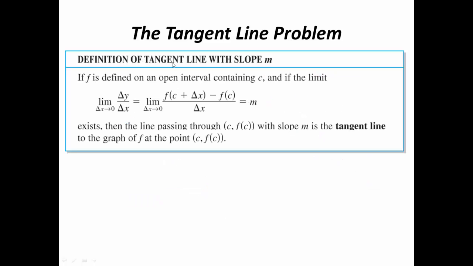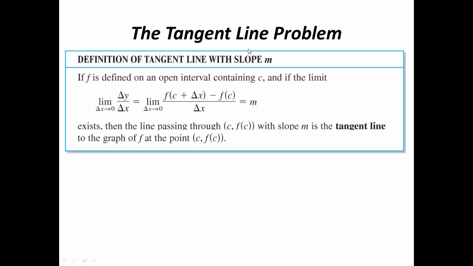So here's the formal definition of the tangent line. Okay, and this is your formal definition of a derivative. And you have to know this because you have to know the little pieces of it, even though we have a really quick way to find a derivative, if you remember the power rule. Okay, we're not going to use the power rule today.